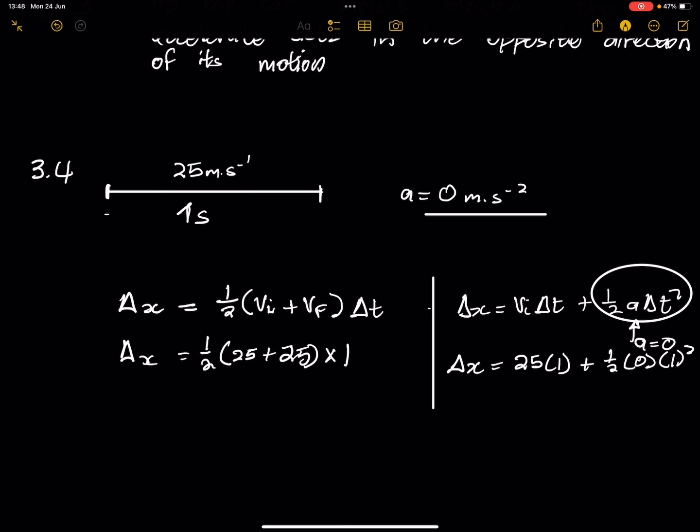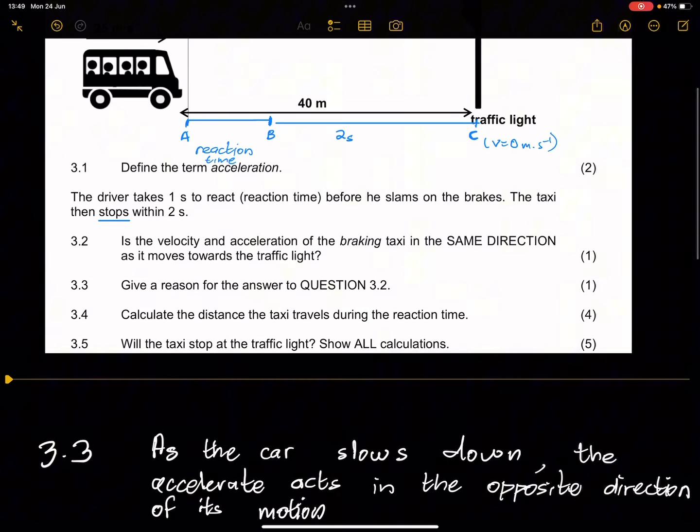And you'll see that that other term actually just falls off. And what are we left with? That's 25 meters, which would be the same as well on this side, 25 meters. So which means during the reaction time, the car actually traveled 25 meters.